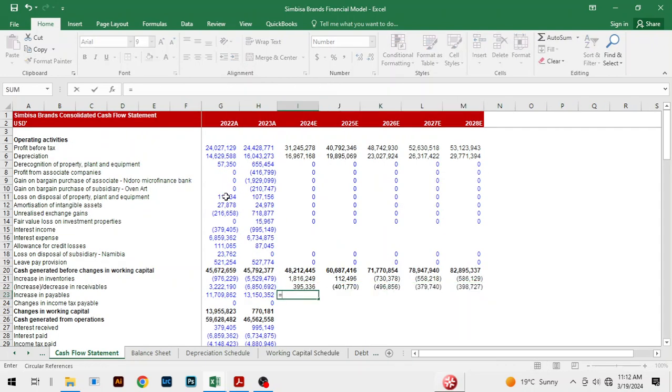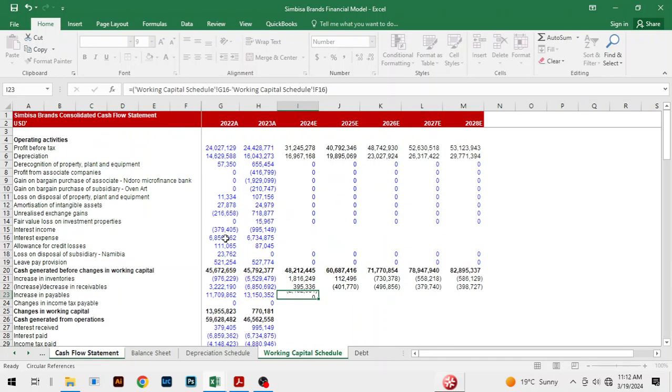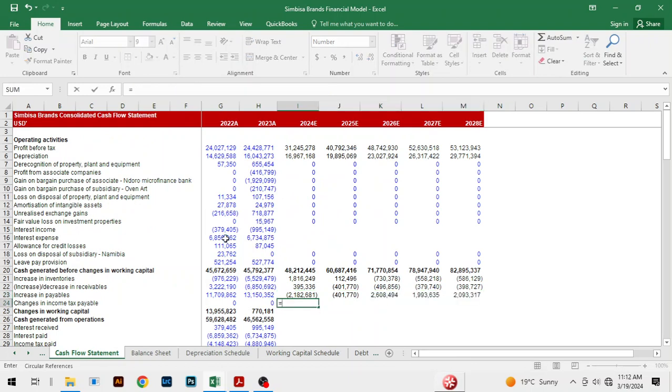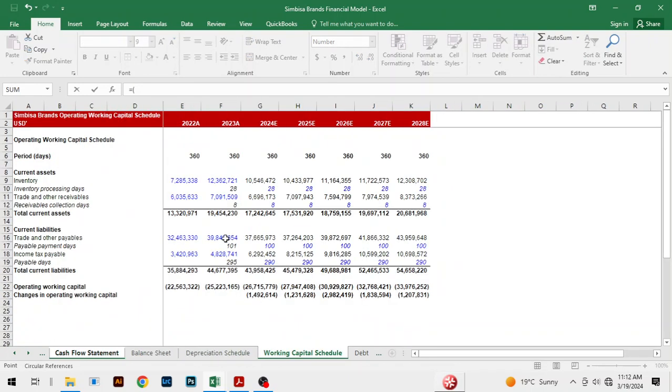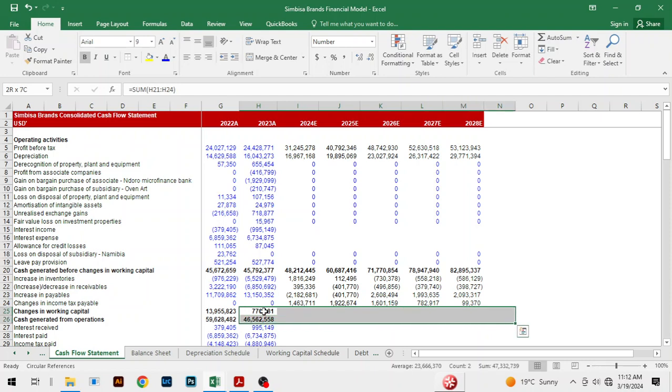And then we do the same for, now notice that we are not starting with equal negative, we're just starting with equals, then we open brackets, and then we go to working capital, and then say minus this, right? And then we copy that to the right, and here we go back and say this minus this, and then we copy that to the right.